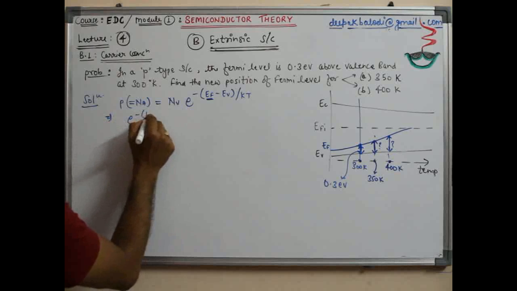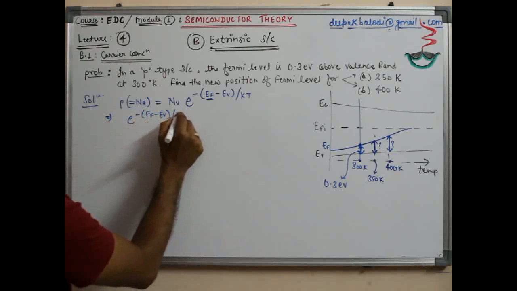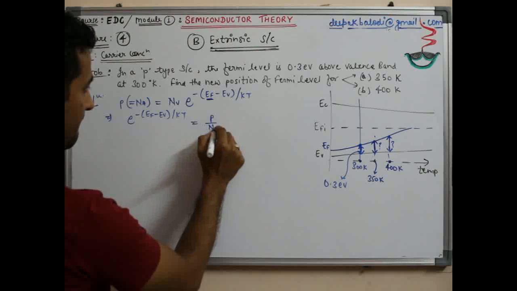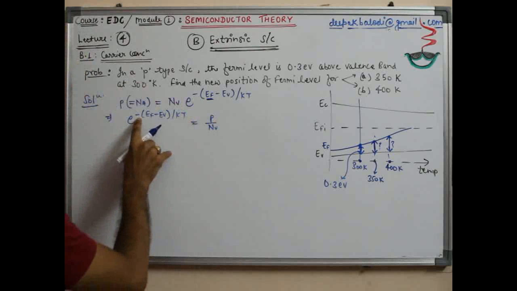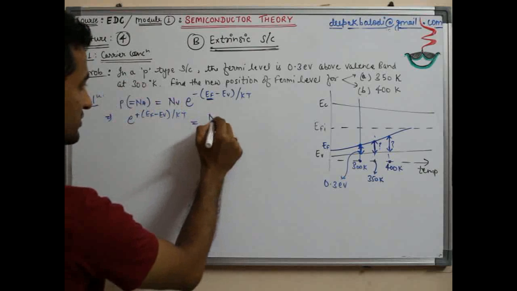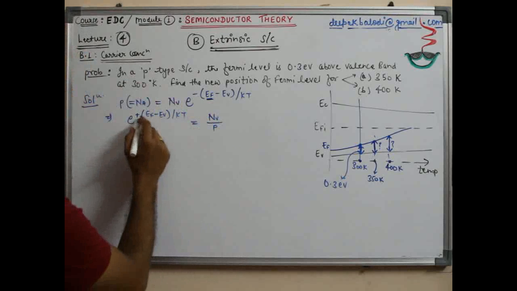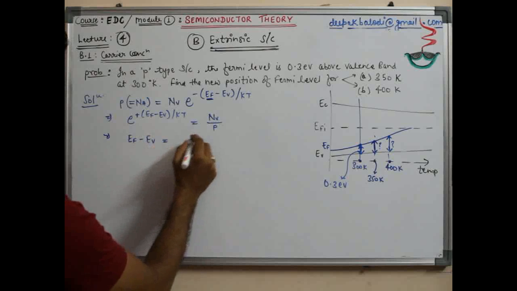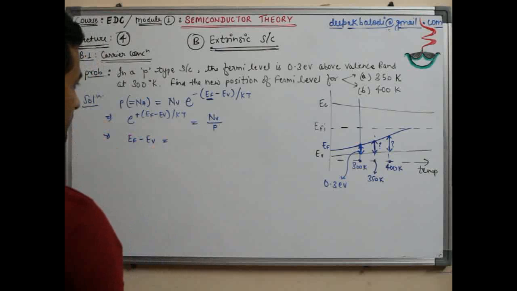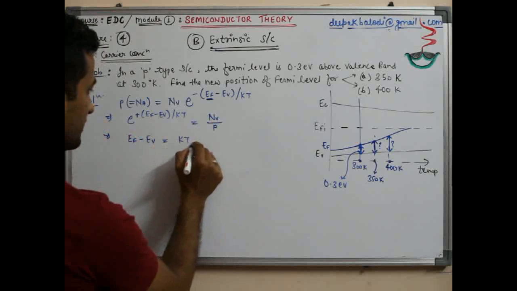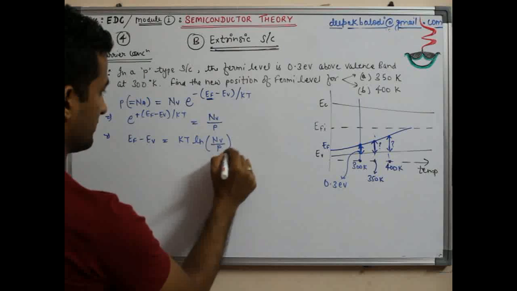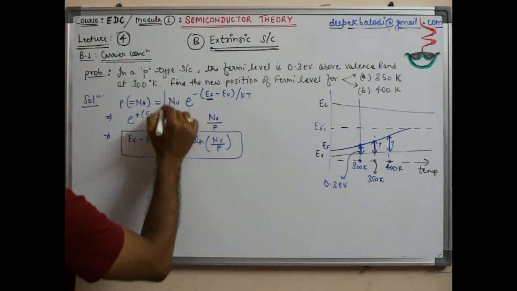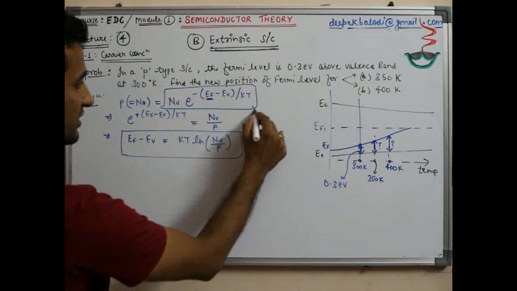So this is e to the power minus (EF minus EV) by KT is equal to P by NV. If I make the exponent plus, this will get reversed and become NV by P. Also if I take ln on both sides, then EF minus EV will be kT ln of NV by P. So the same relation could be taken as this; both are the same.